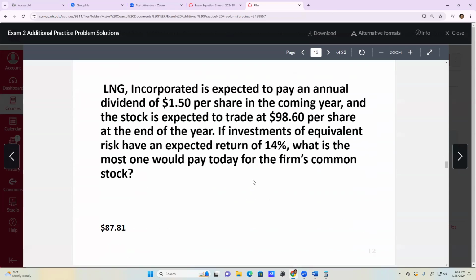Yes, let me see. And the stock is expected to trade at equivalent risk. What is the annual pay? Okay, so this type of problem is the return type of problem.